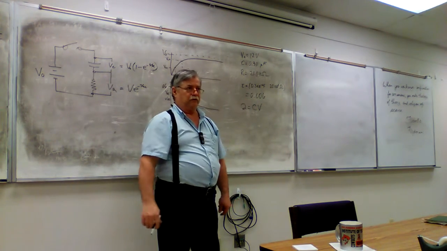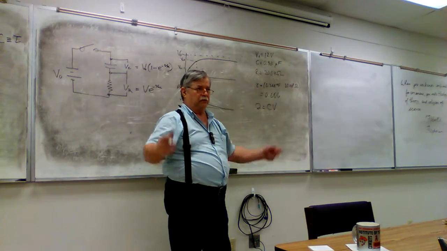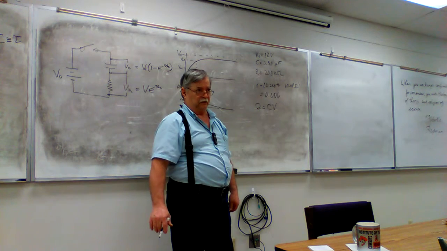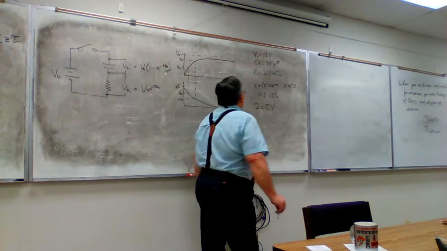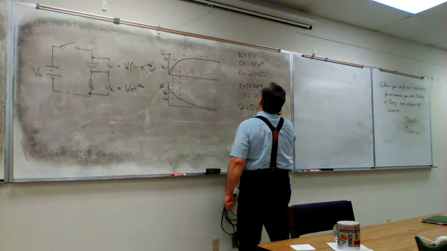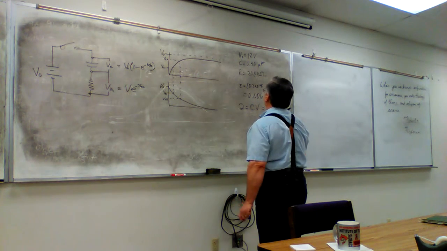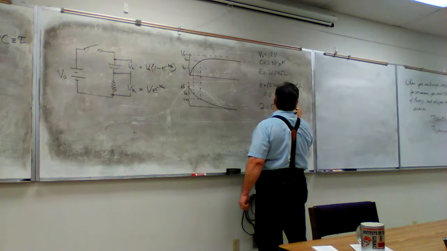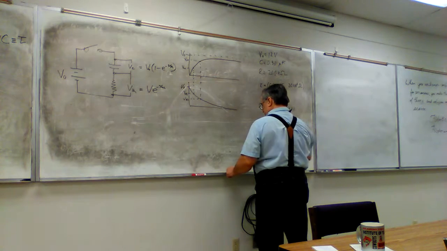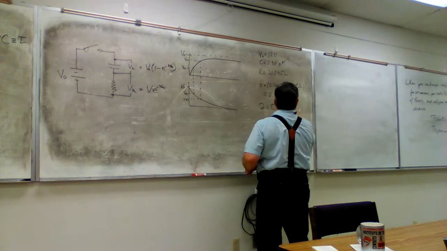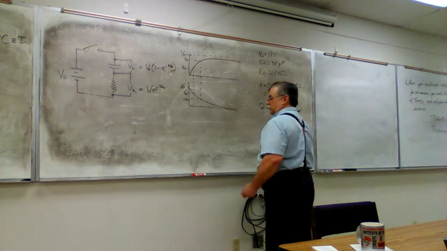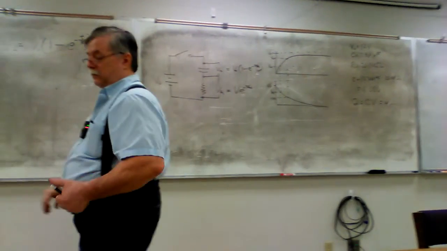Yeah, it's the voltage on the capacitor times the capacitance is the charge on one plate of the capacitor. Be 0.3 times 10 to the minus 6 times 12, right? 4 microcoulombs.